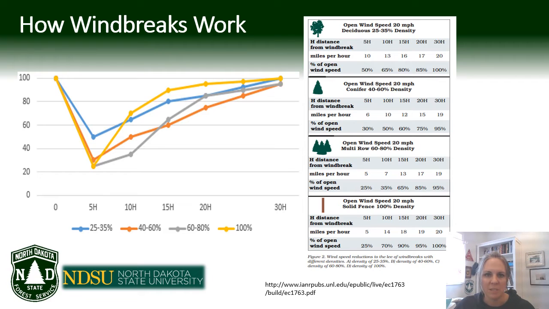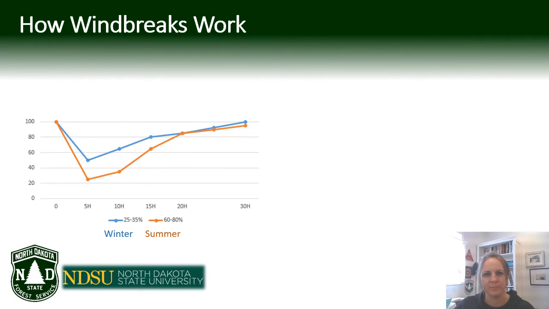The reductions are sustained better compared to the 100% dense windbreak. The mid-range density scenarios get nearly as steep of a reduction, but with the reduction sustained over a greater distance.